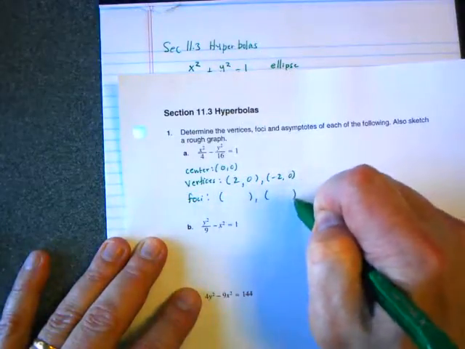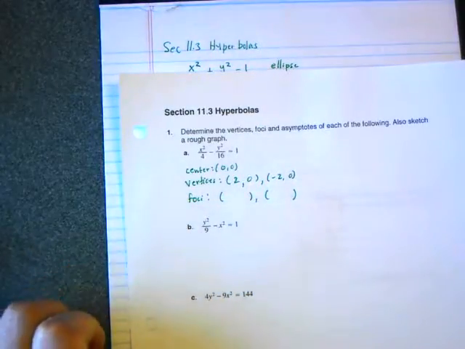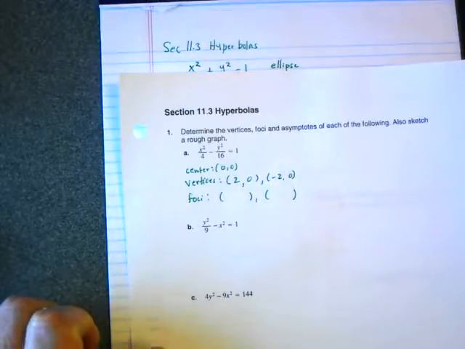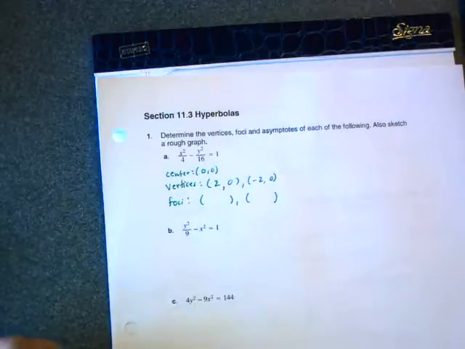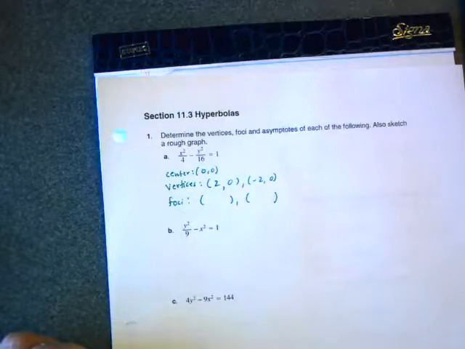How about the foci? Well, what do we need to know in order to find the foci? Which letter gives us the distance from the center to the focus? C, so we need the C number. Do we know the C number?